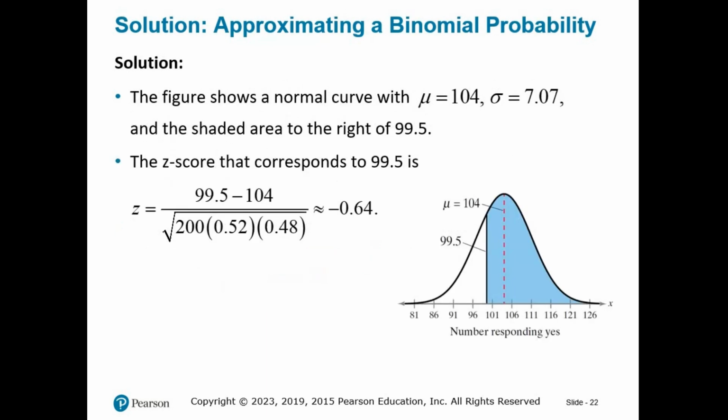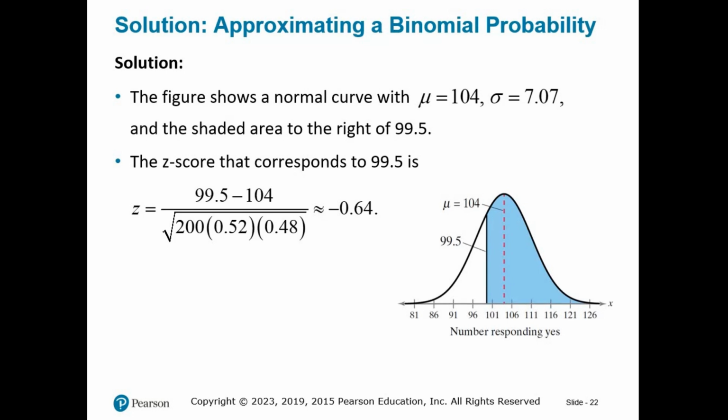So we have a figure with the mu at 104 with a standard deviation of about 7.07 and the shaded area to the right of 99.5. The z-score that corresponds to 99.5 is figured out for you here, and it is negative 0.64.